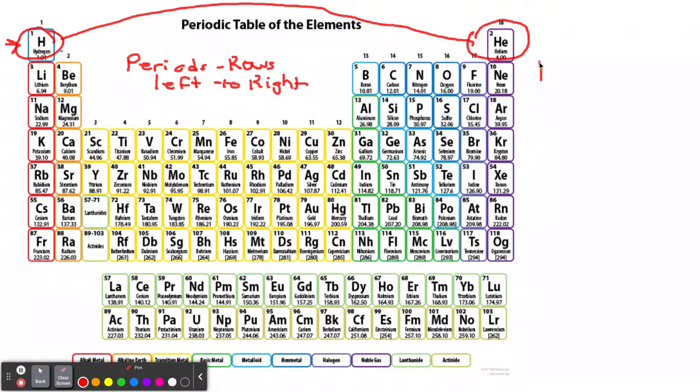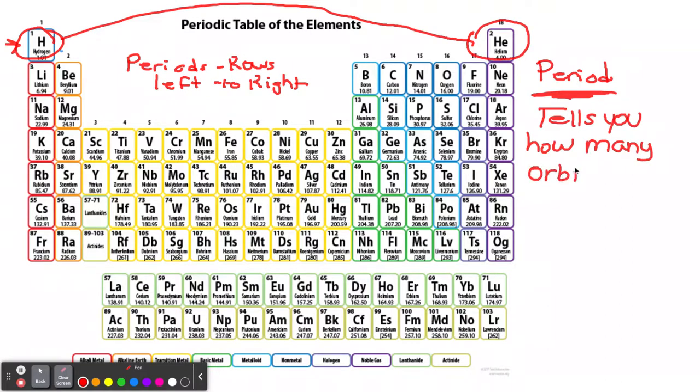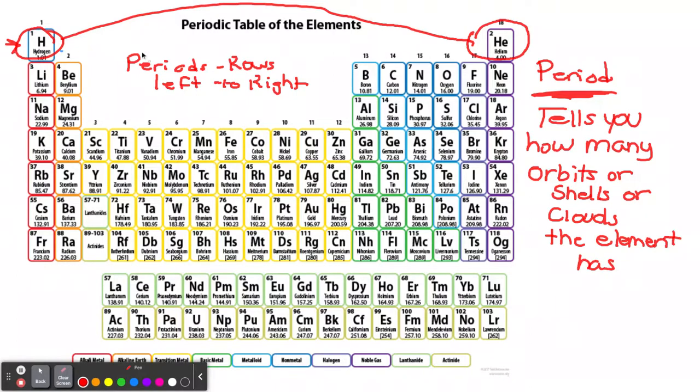Now, let's say what a period is made up of. A period tells you how many orbits or shells, or clouds, all the same thing, or energy levels, the element has. For example, hydrogen has one orbit or one shell.